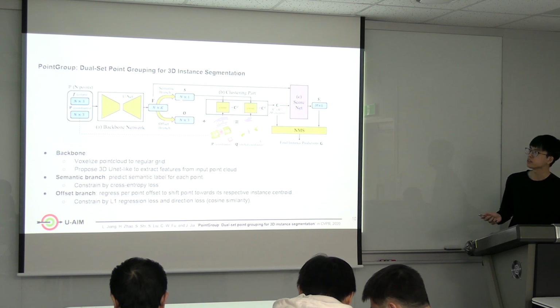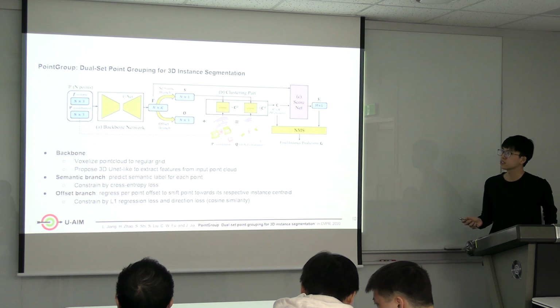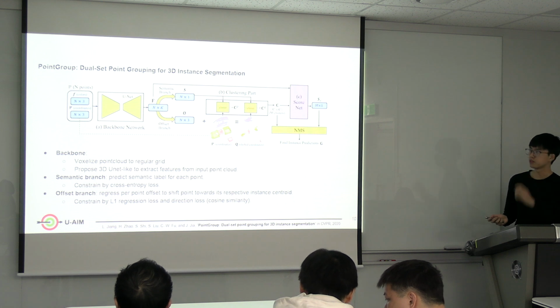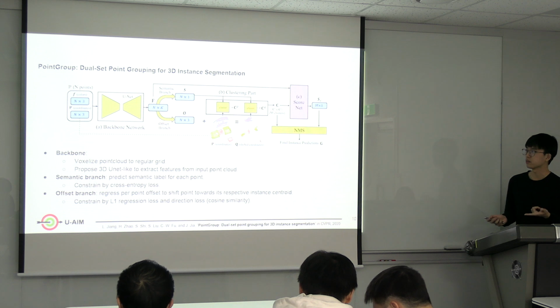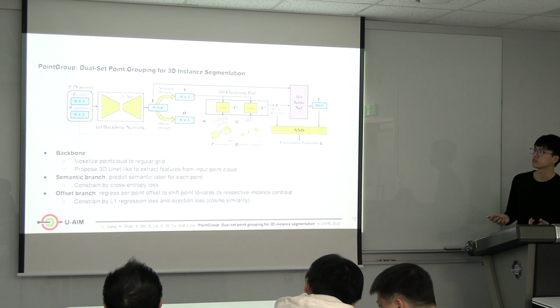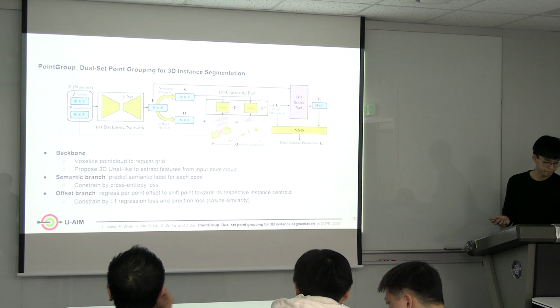The first branch is the semantic branch to define the class for each point, and the second branch is the offset branch. So what is the offset? The offset is the distance from each point here to the corresponding instance centroid.